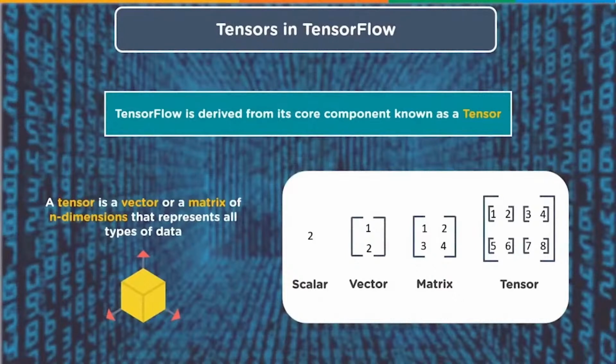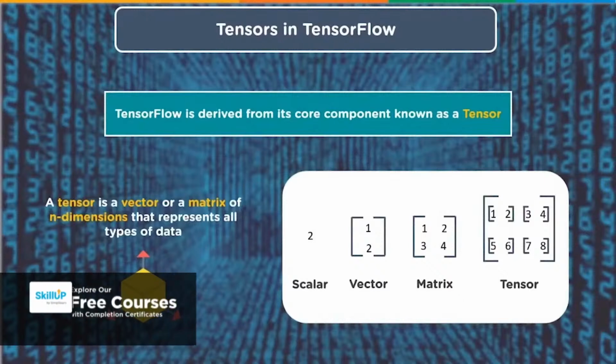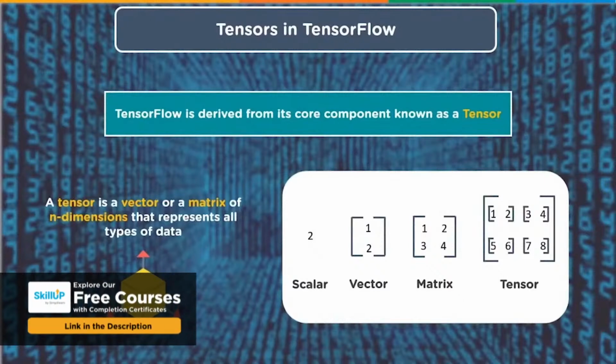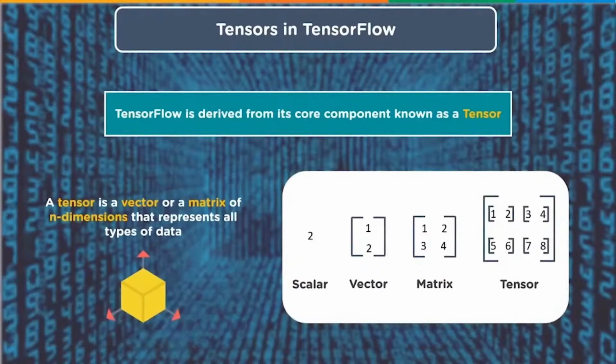You have your vector, which is two numbers, might be a number and a direction. You have a simple matrix, and then we get into the tensor. I mentioned how a picture is a very complicated tensor because it has your XY coordinates, and then each one of those pixels has 3 to 4 channels for your different colors. And so each image coming in would be its own tensor.